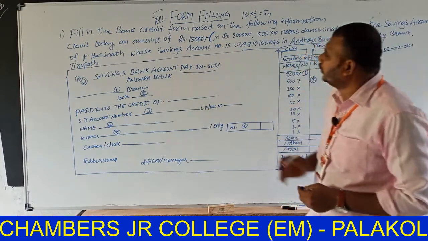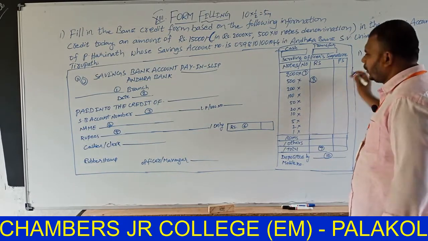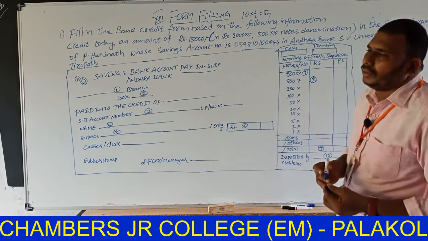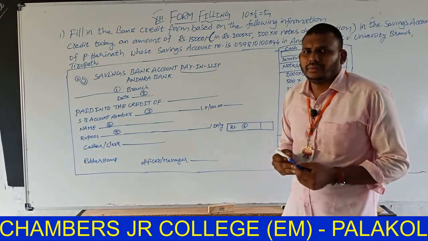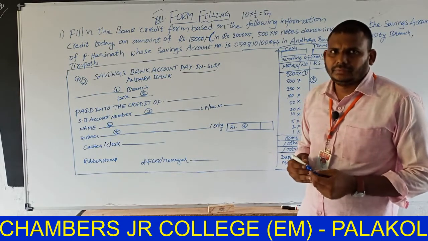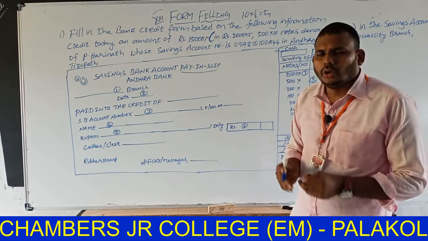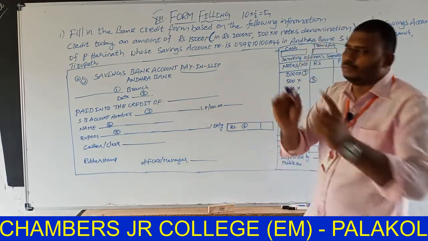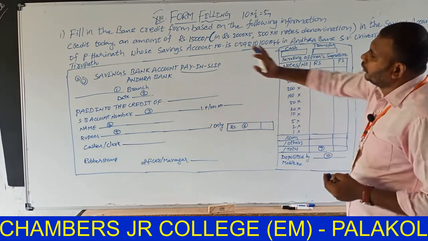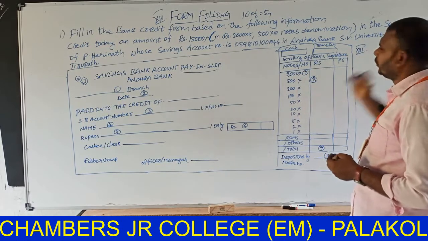According to the hints given, what do we have to write at number 1? Just let me clarify. While answering the form filling, the important thing to remember is that you need not copy the entire form in your booklet. You just write the numbers only. Which question are we attending now? Question number 13. Write the Roman number 13 here.